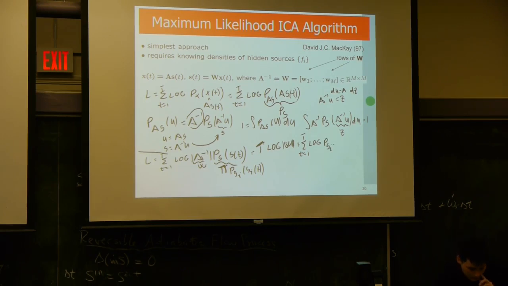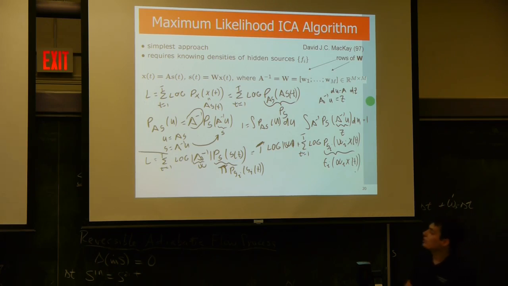Log PSi of SiT, where what's SiT? It's say Wi XT, where Wi is the ith row of W. It's a bit ugly, so I just rewrite this as fi of Wi XT.